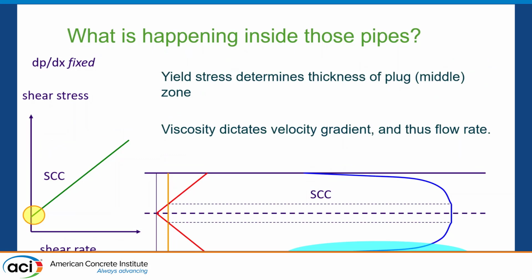So what determines that velocity profile? For a flowable concrete, the yield stress will determine how much of that center zone is being sheared and how much is not, but the viscosity will determine the shear rate gradient in the concrete that's being sheared and also inside that lubrication layer.